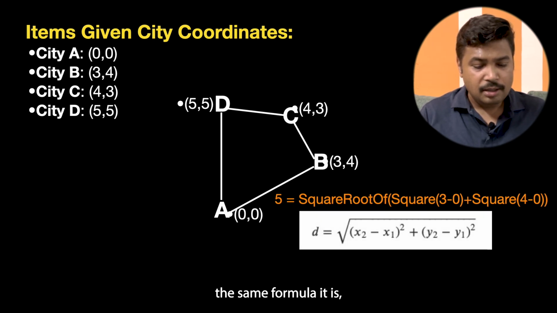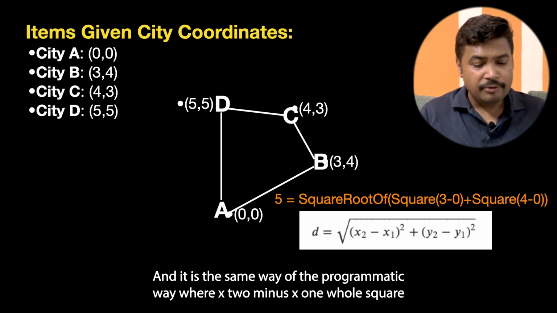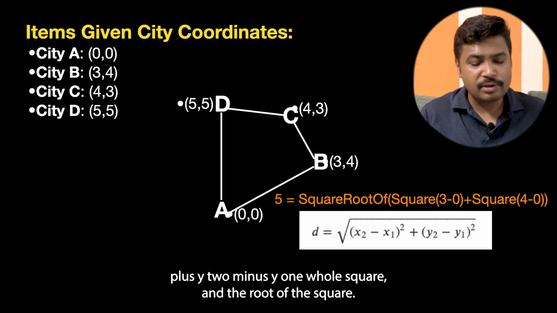The same formula is assigned in a programmatic way, where x2 minus x1 whole square plus y2 minus y1 whole square, under the square root, we calculate.